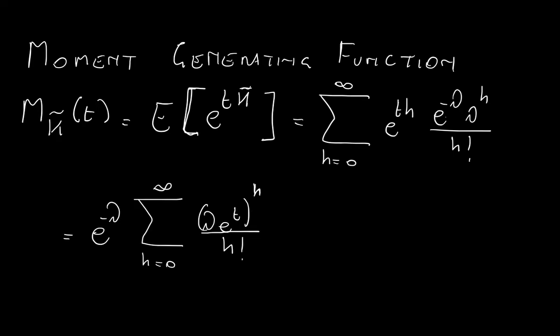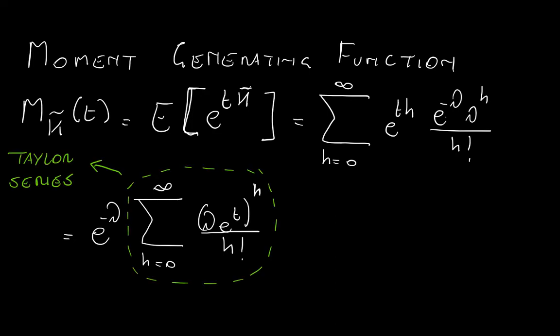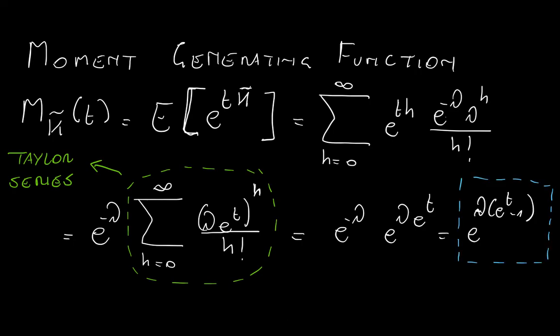We take it out from the summation, and inside the summation we have the series expression for an exponential function, more specifically the Taylor series of an exponential function, which is this result. Therefore, the final result is that the moment generating function of the Poisson is the exponential of lambda multiplied by the exponential of t minus 1.